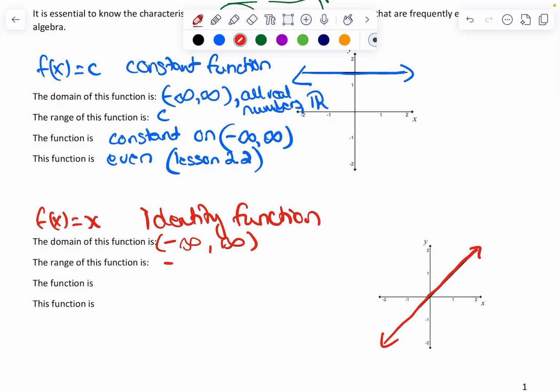Same thing with the y values, so the range is from negative infinity to infinity. And the function is increasing. It is going up from left to right on the interval negative infinity to infinity. And this function is odd.